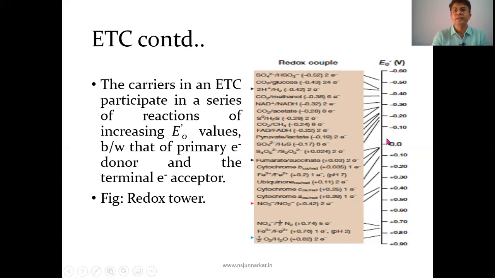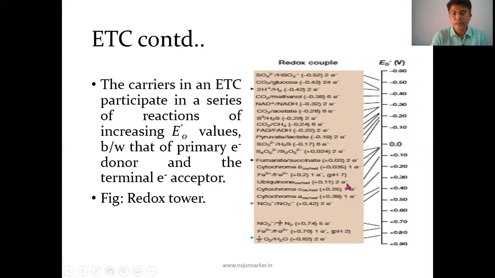So here the electron can move from the redox couple, which is having a negative E-0 value, to a more positive E-0 value or more positive reduction potential value. So here you can see that the NADH can give electrons to the quinones.